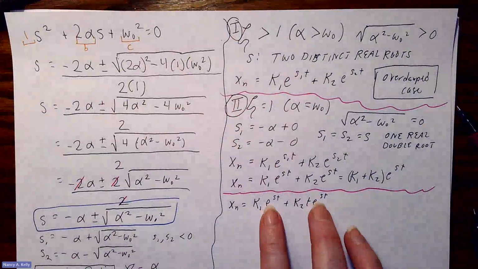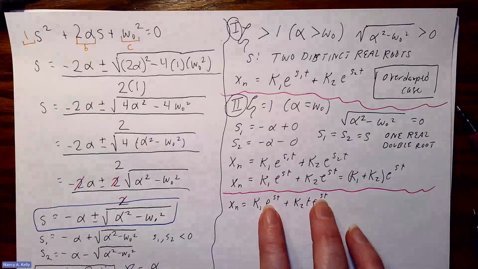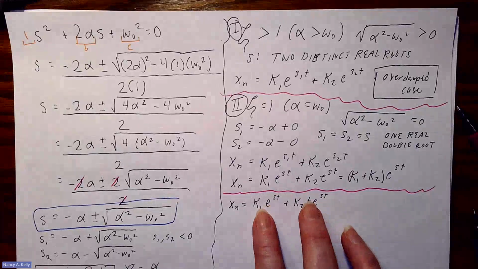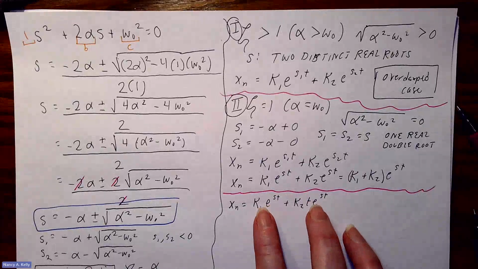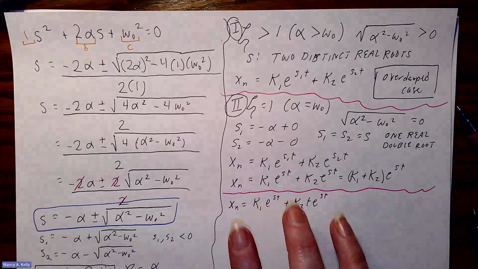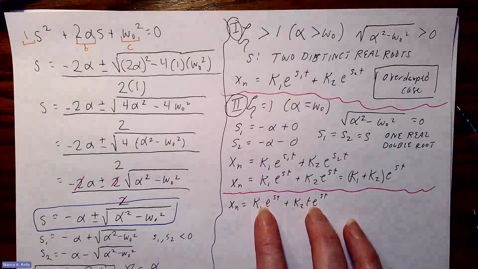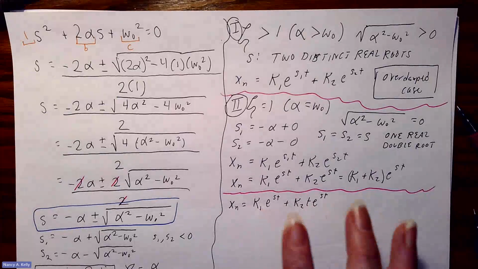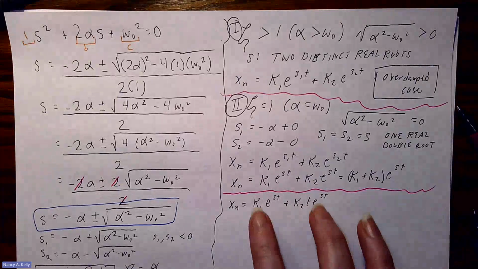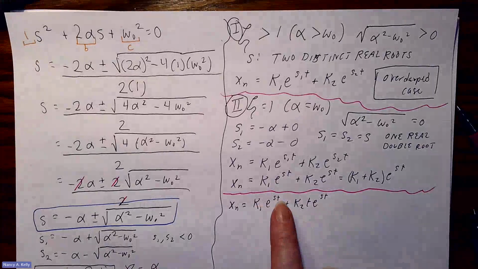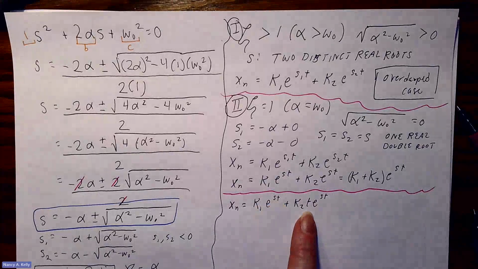They both contribute to the natural solution. They both satisfy the equation. I am not going to prove that this satisfies the equation; I'm going to assert that it does. If you would like to derive or check it yourself, you're welcome to do so. But we're just going to go with this.